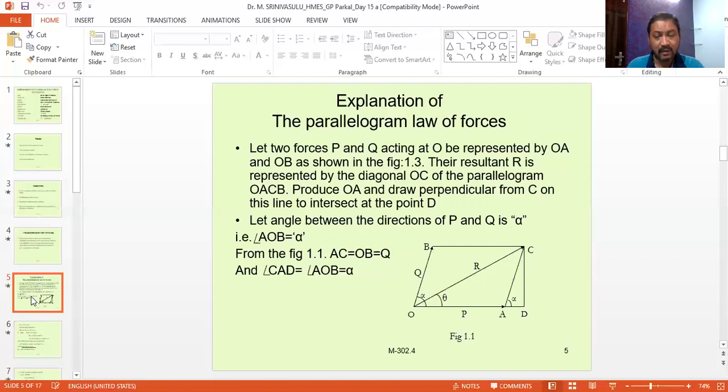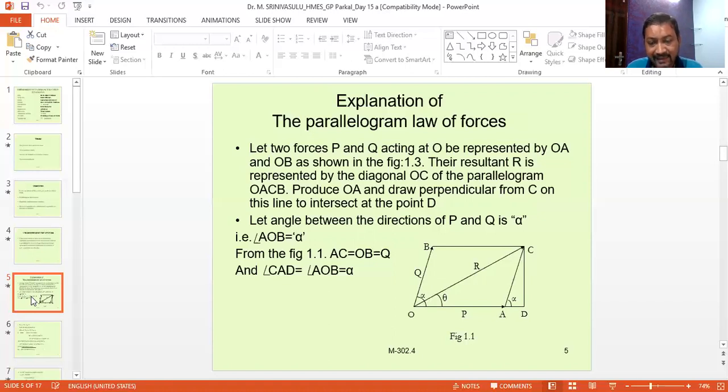With these two sides we can complete the parallelogram OACB. Here OA is equal to BC and OB is equal to AC, because in a parallelogram the opposite sides are equal.